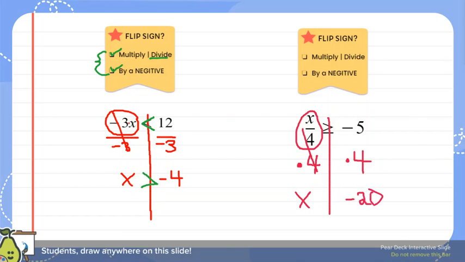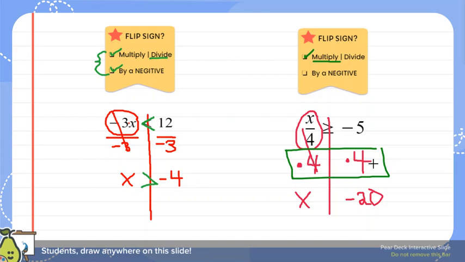Now we need to check and see if we flip our sign. Did we multiply or divide? Well, our inverse operation right here was multiplication. So yes, we multiplied. Did we multiply by a negative number? No, we did not. We multiplied by positive 4 on both sides.